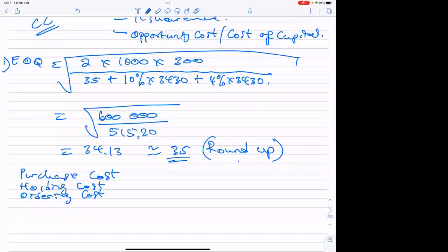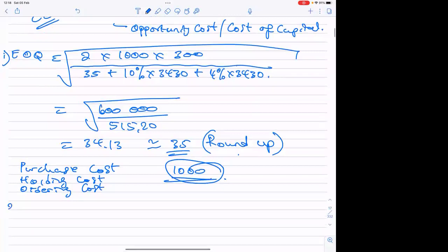Right, so the purchase cost, the holding cost, and the ordering cost. Remember, the entity has a demand of 1,000 units per annum. On these 1,000, every time they need to order 35 until they reach the 1,000. So the second part, we said we need to calculate the number of orders.